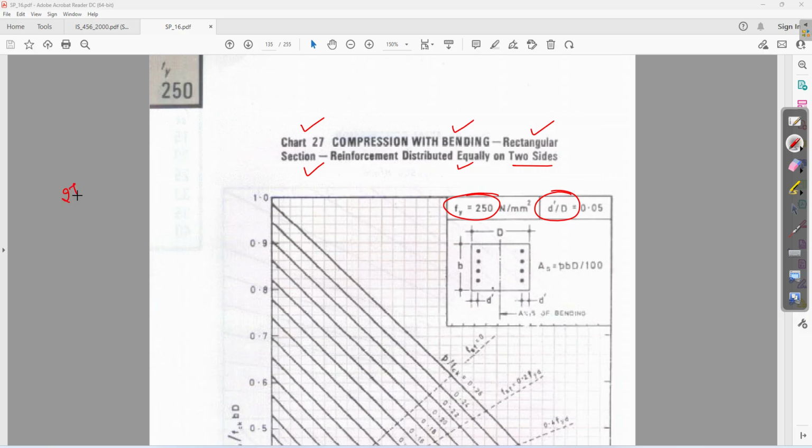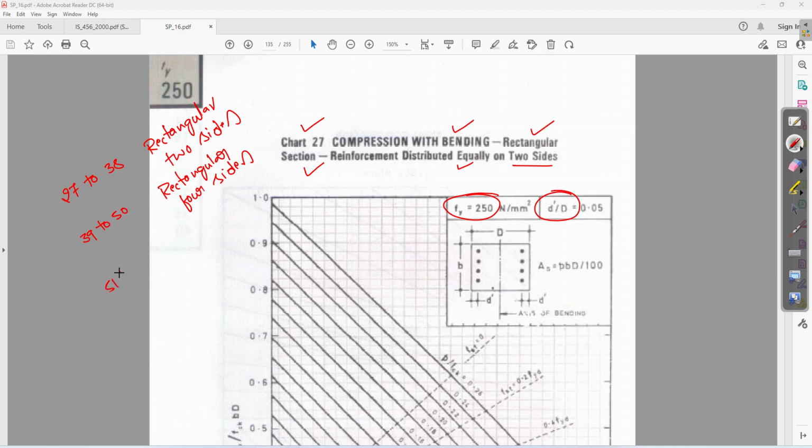Charts 27 to 38 are for rectangular columns with reinforcement on two sides, whereas charts 39 to 50 are for rectangular columns with reinforcement on four sides.